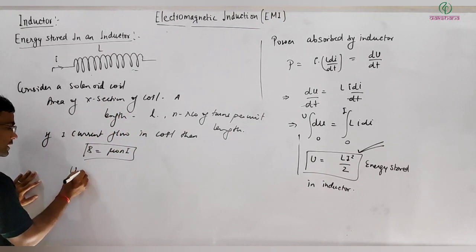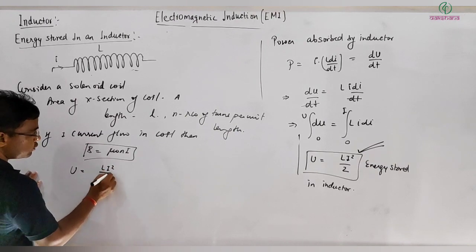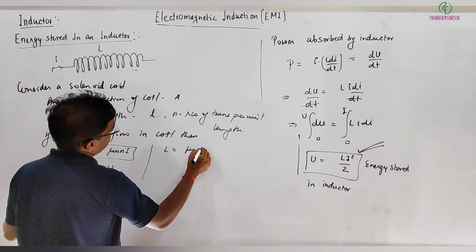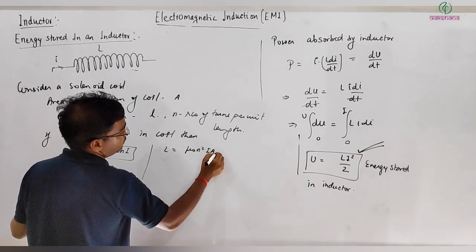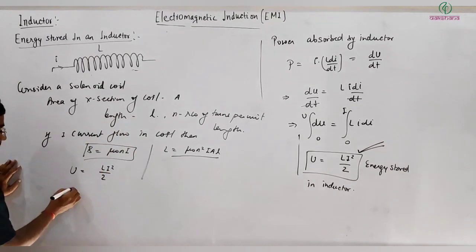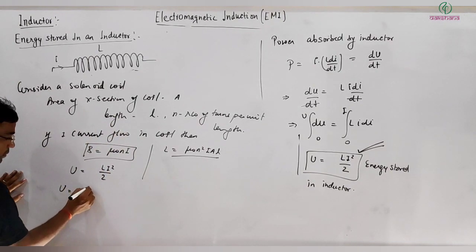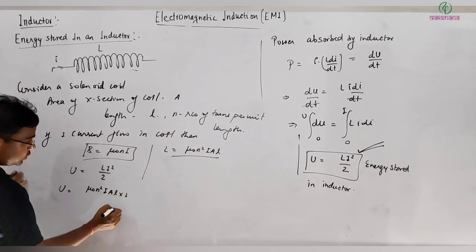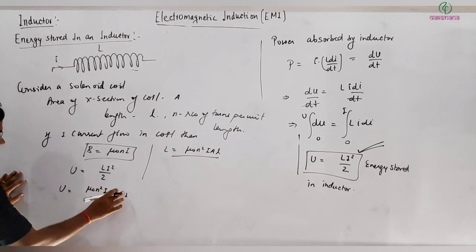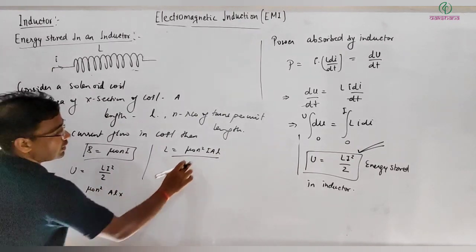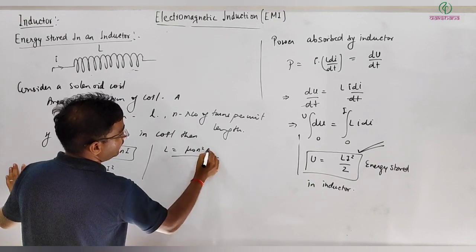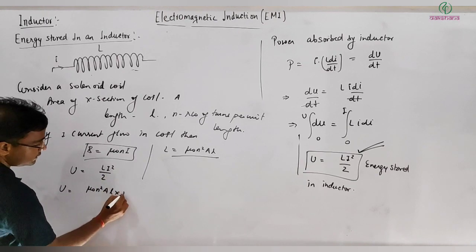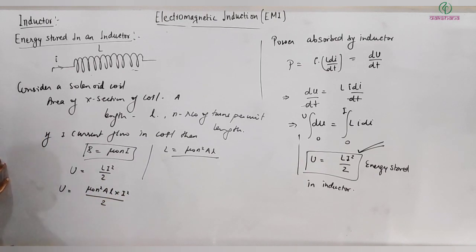So energy stored in this is given by L I square by 2, and we know L is equal to what? Mu naught N square into A into l. Here I am substituting that, so U is equal to mu naught N square A l into I square divided by 2.